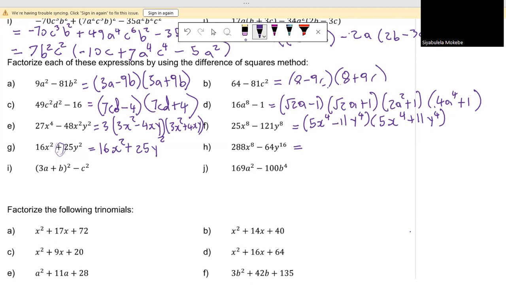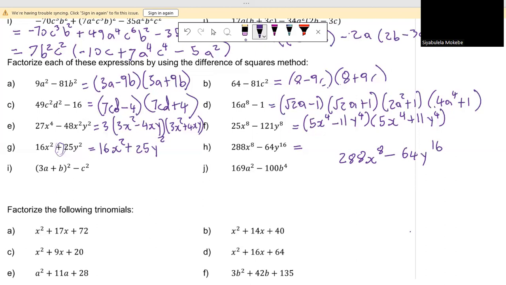Okay. Now let's look at H. H, we have 288x to the 8 minus 64y to the 16.